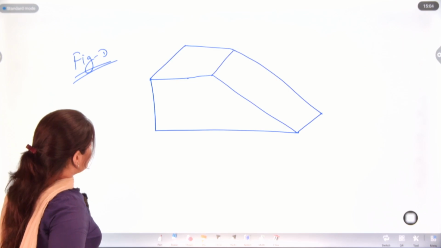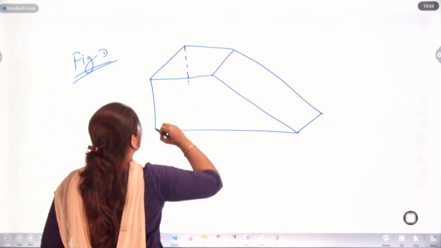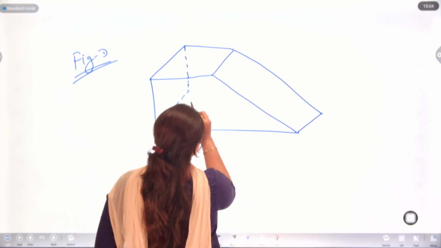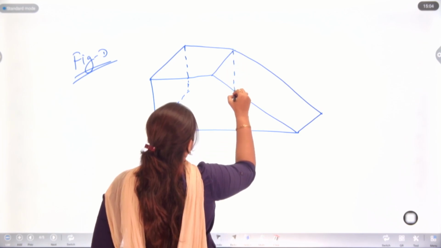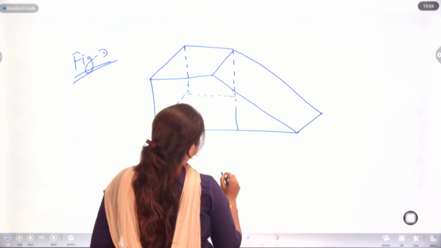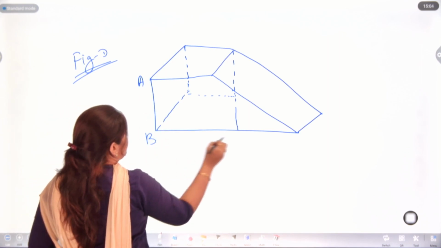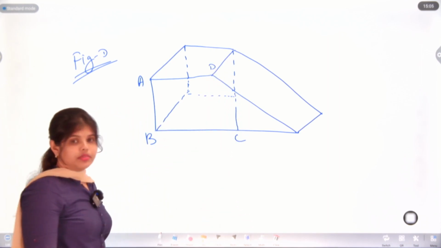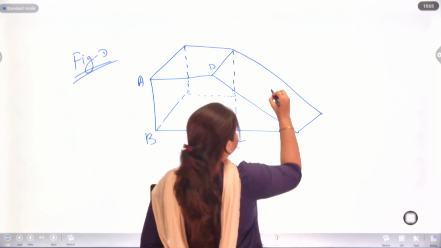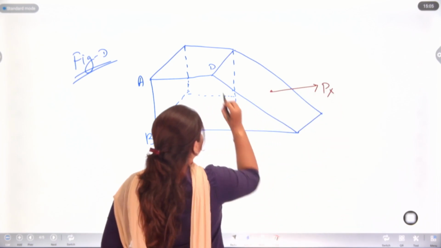Okay. So here we have, let it be A, B, C, D, and our resultant stress is acting in this direction, that is Px. In which plane?